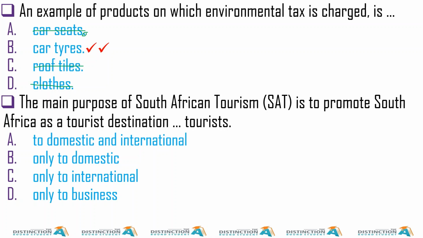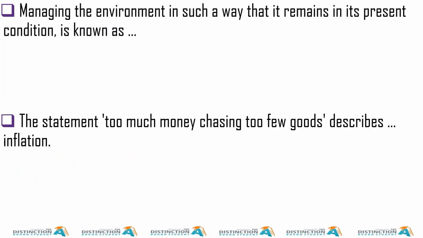They are marketing South Africa as a tourist destination. So someone will get some flyers, visit SAT in America, and make a decision to come to South Africa just because of SAT. So they don't just market South Africa within South Africa, they also market it internationally. So that will be A.